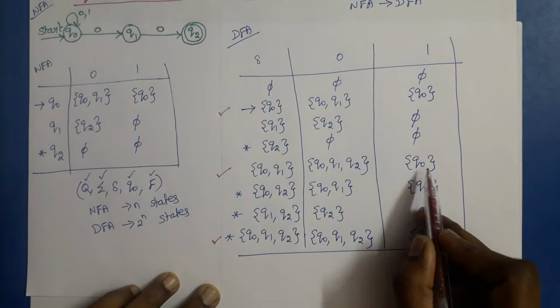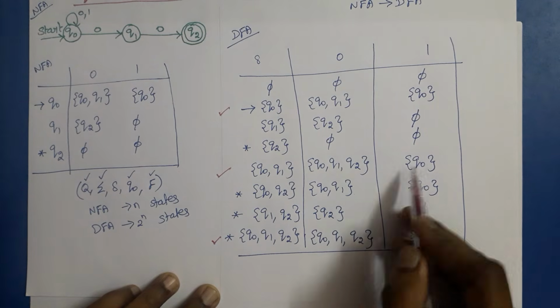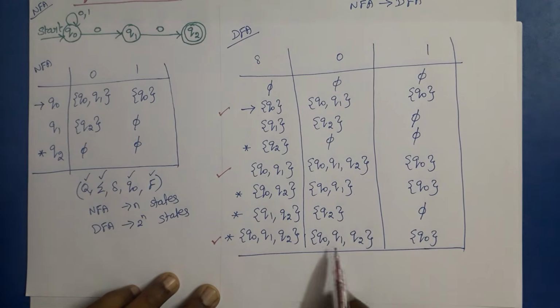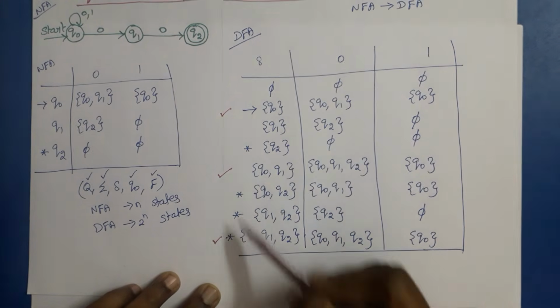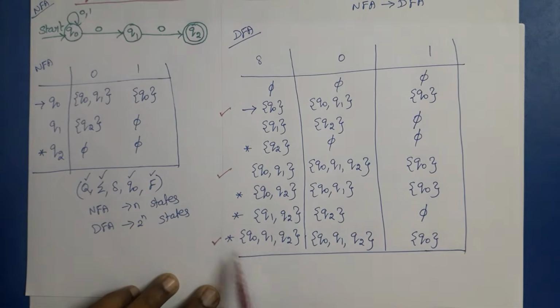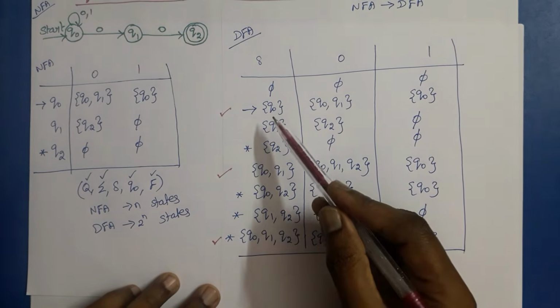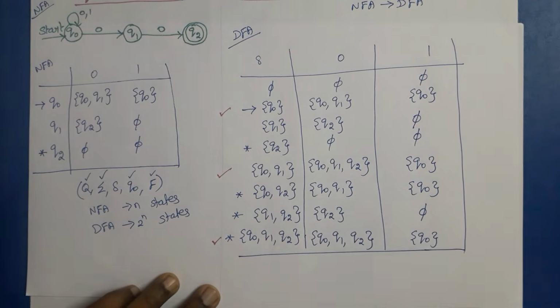Then Q0 is already marked. From Q0, Q1, Q2, this is already marked. Then Q0 is also marked. So out of 8 states, only 3 states are accessible. So we have to construct the transition diagram for the final DFA for only 3 states.